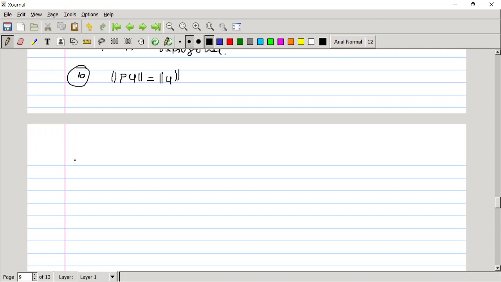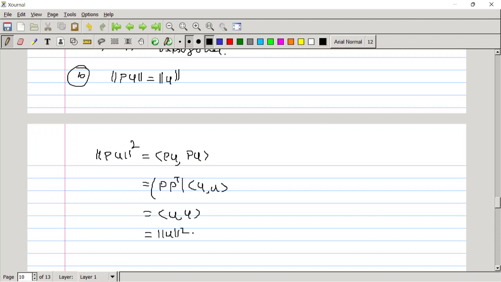This is actually the definition: norm of PU square is nothing but the inner product of PU and PU. So by this definition, this is the inner product of P into P transpose into U, comma U. By the property that P into P transpose is identity, and the determinant of the identity matrix is 1, we again have this equal to the inner product of U comma U, which is norm U square.